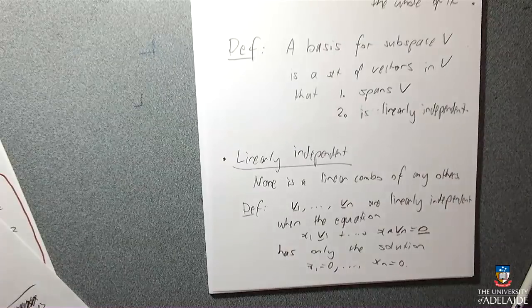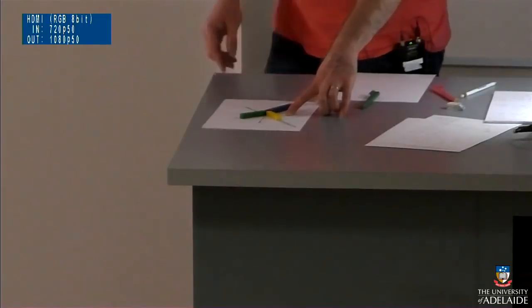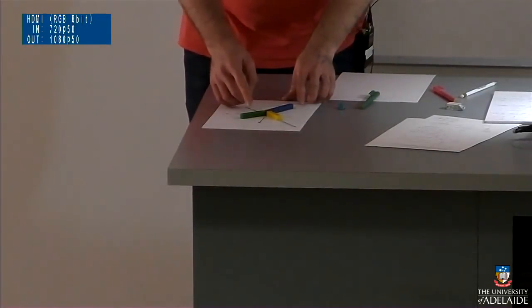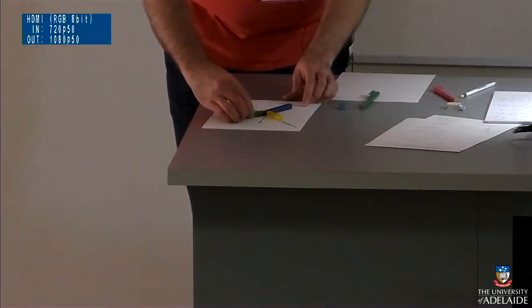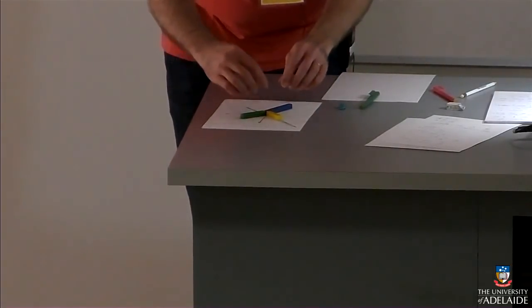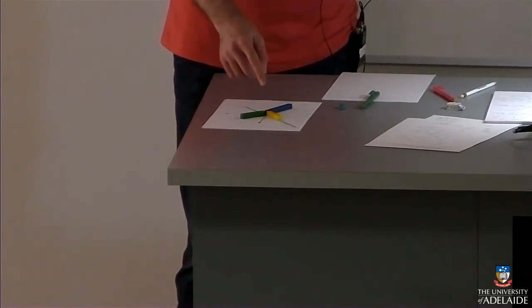So the reason why these vectors were not linearly independent is because I can make this one out of those two. Give me a second, it's because I can arrange enough of these so that it's equal to 0.